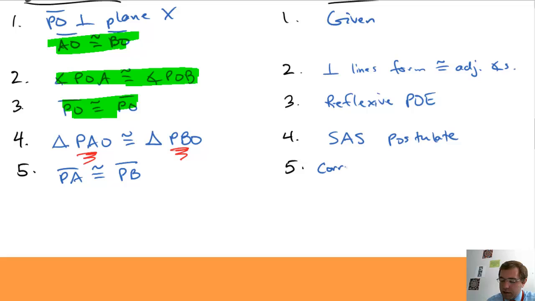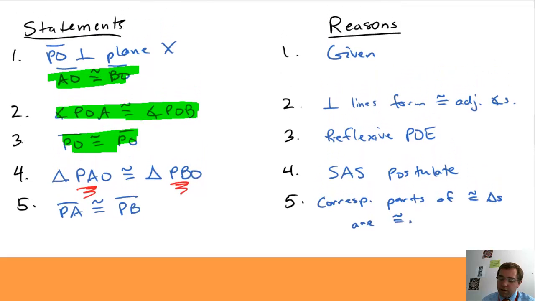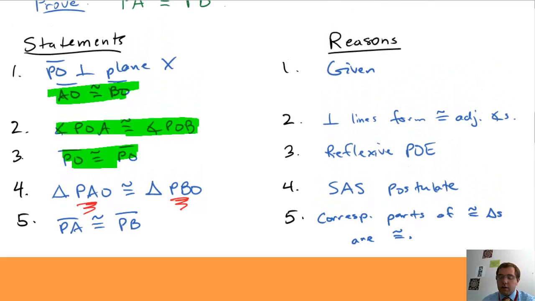Again, the reason is corresponding parts of congruent triangles are congruent. And then I'm finished. I used congruent triangles to show what I wanted to show.